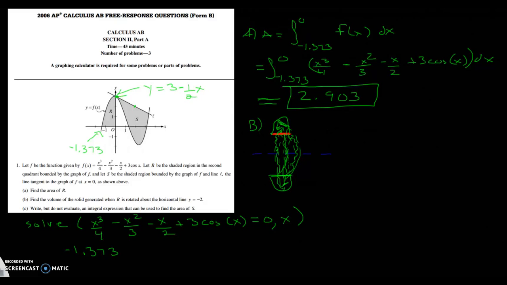So volume would equal pi times the integral from negative 1.373 to 0. Now we have to find how big this piece right here is, upper minus lower. So you're basically finding from here to here. How big is this?